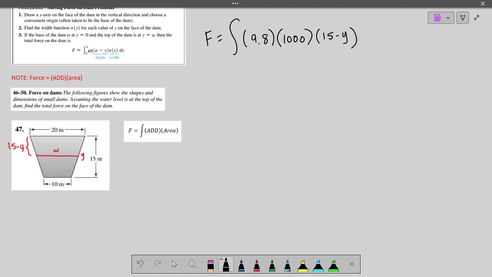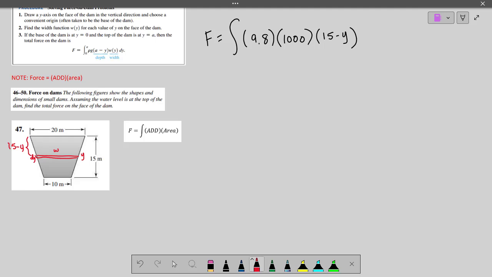What about limits of integration here? So when we add this, what do you think our limits of integration will be? So if we add the little thickness here, the thickness there is the dy. What do you think the limits are going to go from? 0 to 15. 0 to 15. We have cross-sectional strips from 0 all the way up to 15.